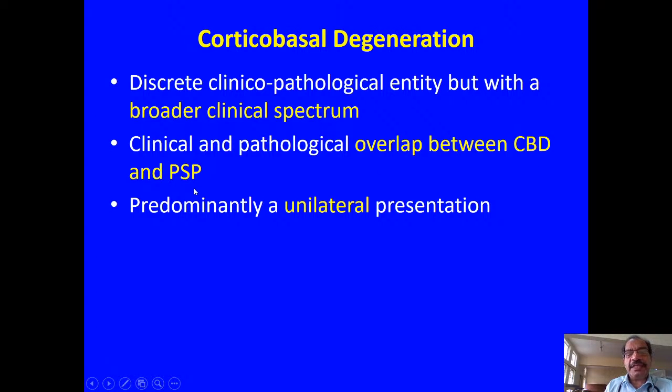There may be rigidity, there may be bradykinesia, there may be autonomic dysfunction, there may be cognitive dysfunction. But the important feature is that here the manifestations are unilateral most of the time, unlike PSP. PSP is bilateral symmetrical, while CBD is predominantly unilateral.